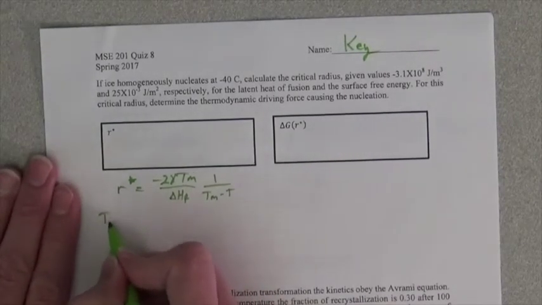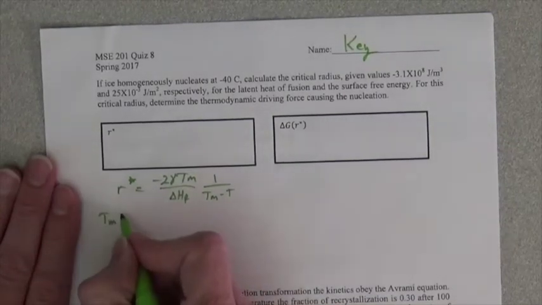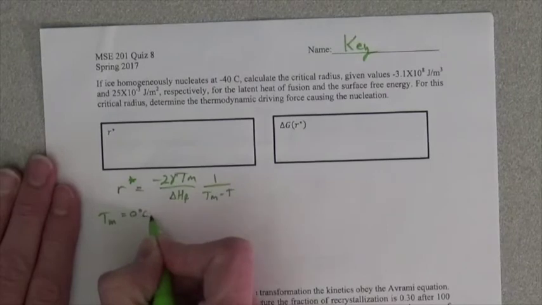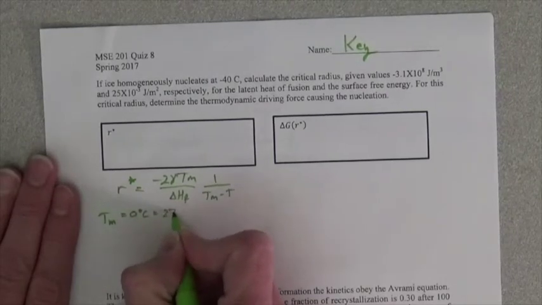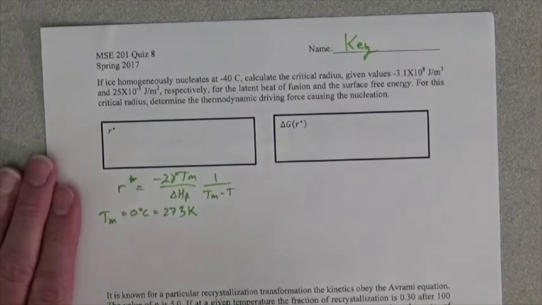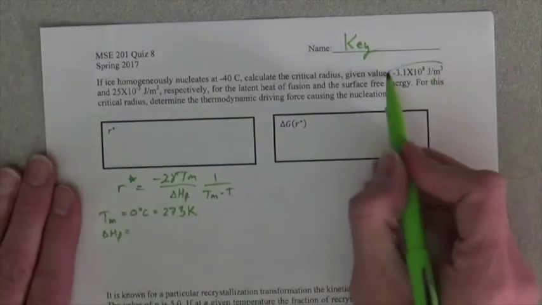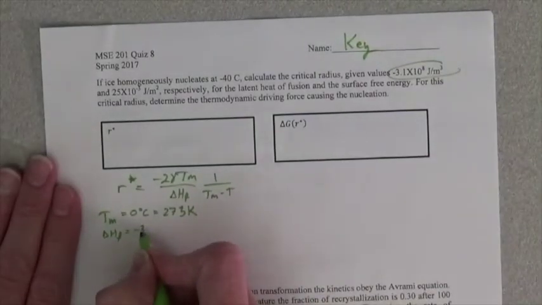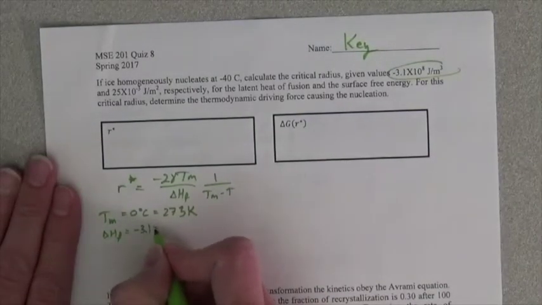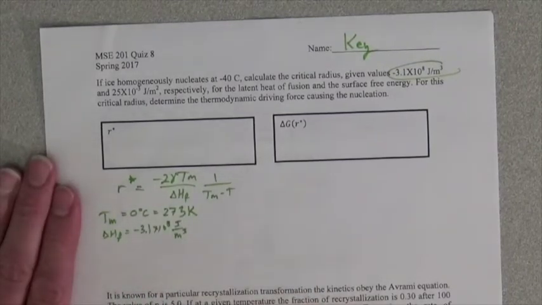where Tm is the melting temperature of ice, which is 0 degrees C, equals 273 Kelvin. Delta HF is negative 3.1 times 10 to the 8th joule per meter cubed.